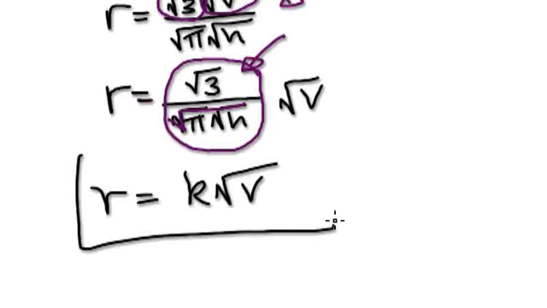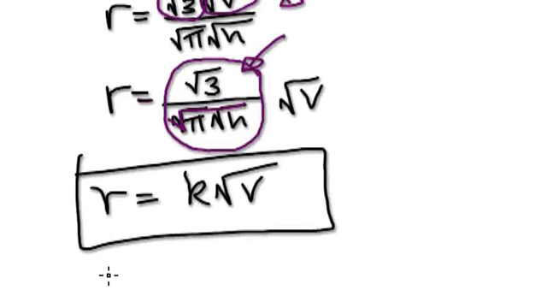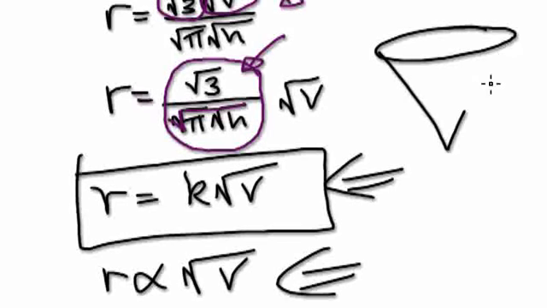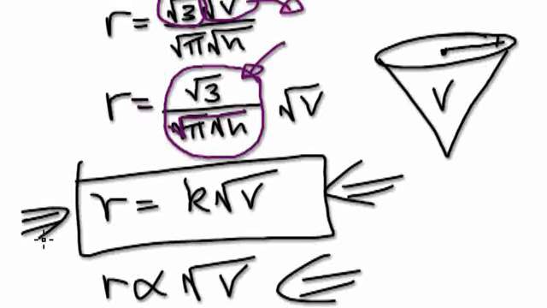Now once you're here, you can make the statement that the radius is proportional to the square root of the volume. So after all that, when you've got a circular cone, the radius is proportional to the square root of the volume. Once we know this, we can answer the second part of the question.